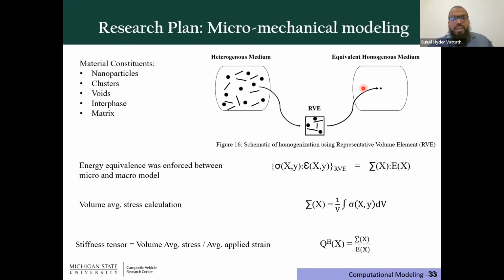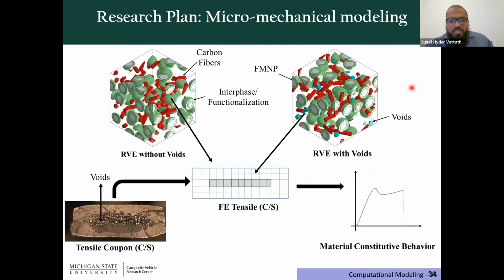For instance, we had hybrid nanoparticles sometimes, a mixture of nanoparticles and short carbon fibers, as you see here. We created an RVE using a computational software called DigiMat, and we got the homogeneous stiffness of this material, and that material value was given as the input for the large scale single lap joint.